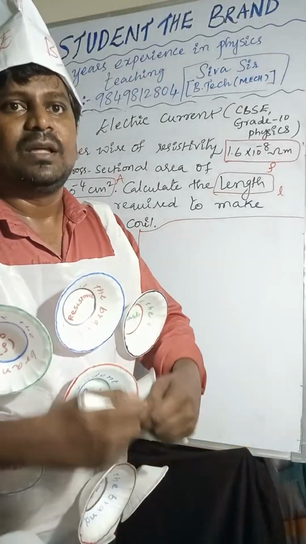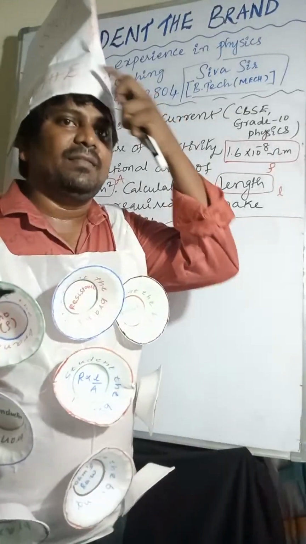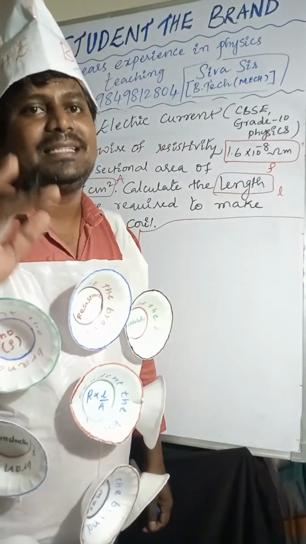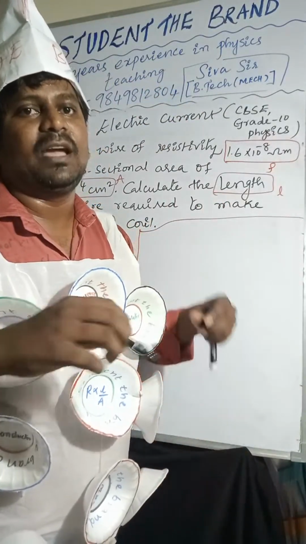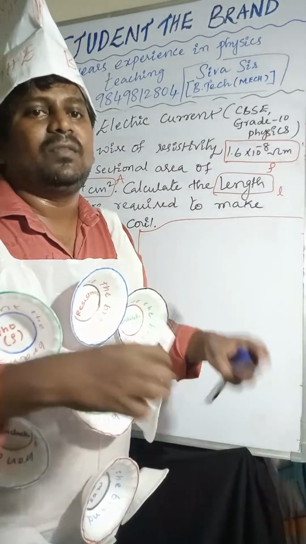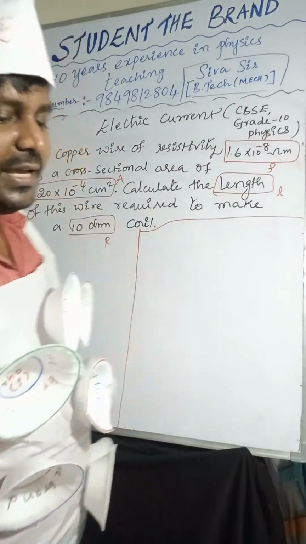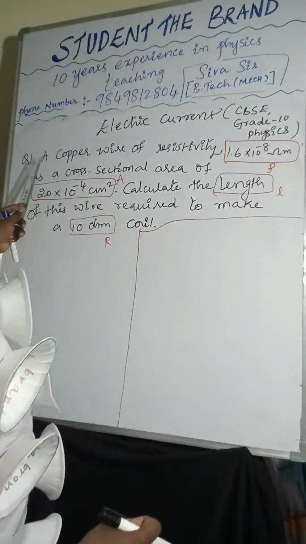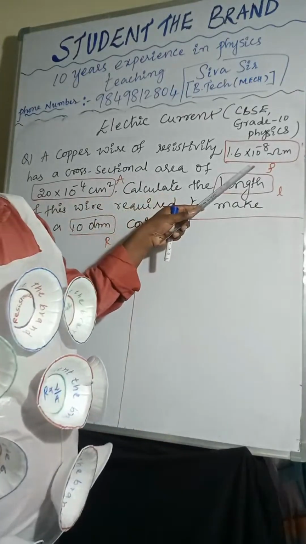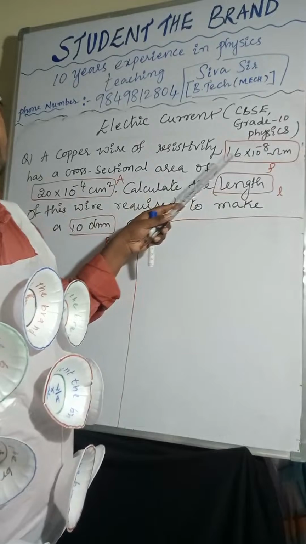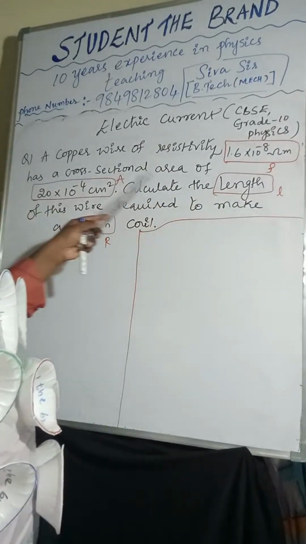Good name. So whenever a question is given, you must identify the data, what exactly they have given. A copper wire of resistivity is given and it has a cross sectional area.